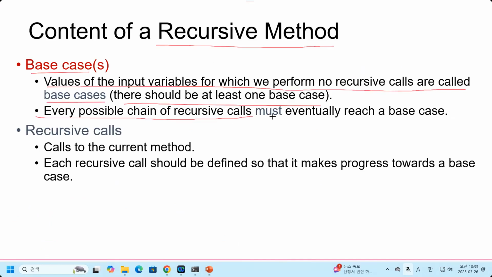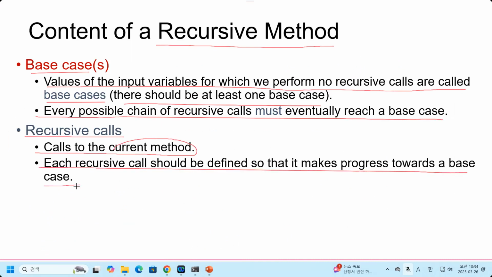Every possible chain of recursive calls must eventually reach the base case. And we have the recursive calls. It means we will call the current method. And its recursive calls should be defined so that it makes progress toward the base case. So we should go to the base case.